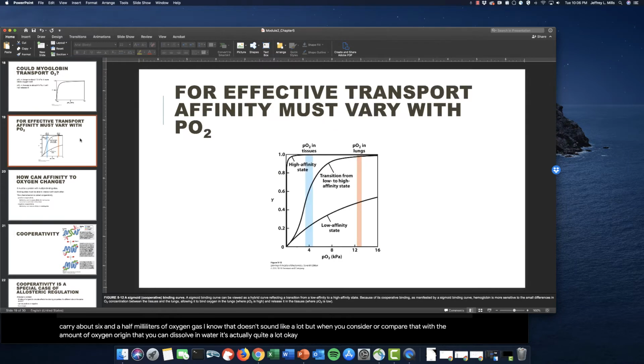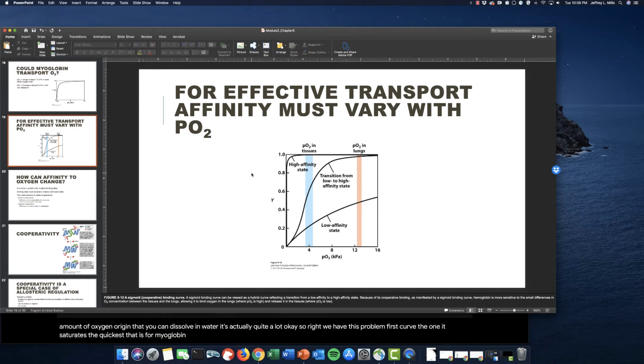Okay, so, all right? We have this problem. This first curve, the one that saturates the quickest, that is for myoglobin.